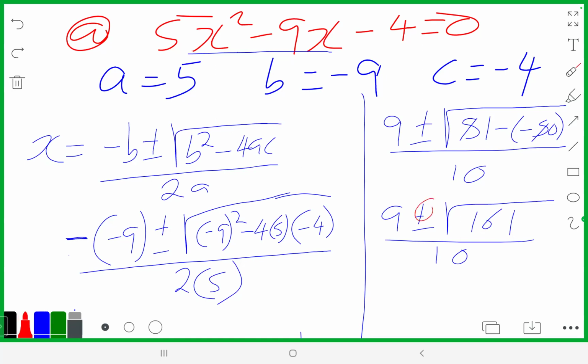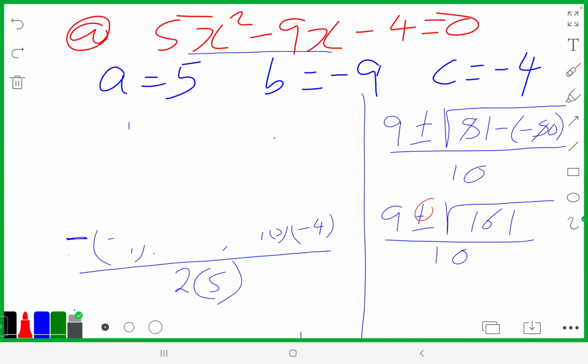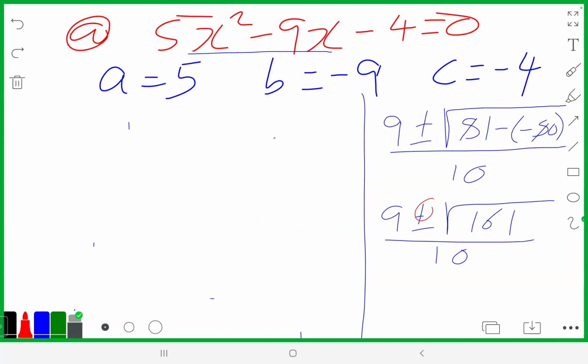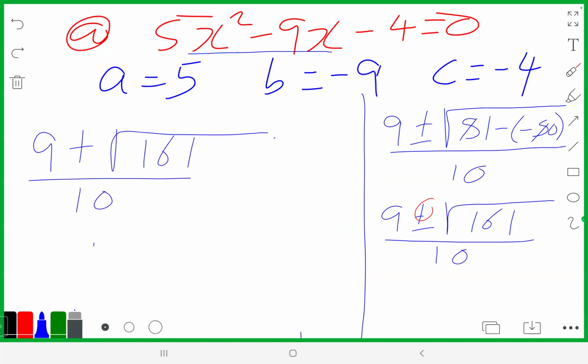So one answer is 9 plus the square root of 161 all over 10, or the other one is 9 minus the square root of 161 all over 10.